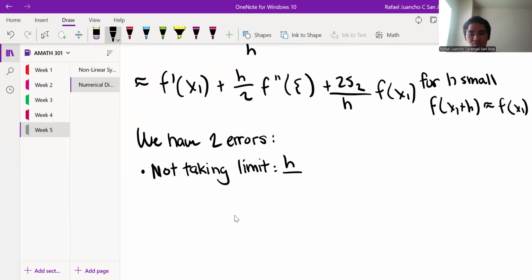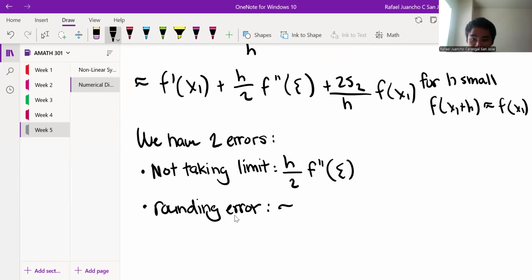So this is this thing, h of 2 of this double thing, right? I think it was h squared, right? Or no, it's not. Yeah, so if we don't take the limit of that, and we also have a rounding error. Specifically here, what was it? S sub 2 over h.